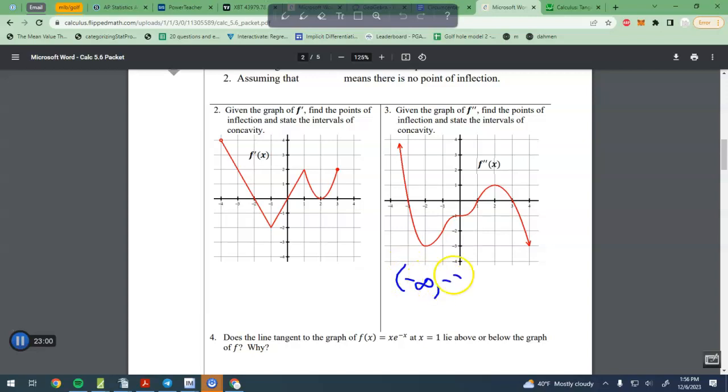Negative infinity to -3, and 1 to 3 is concave up because the second derivative is greater than 0, so we're above the axis.